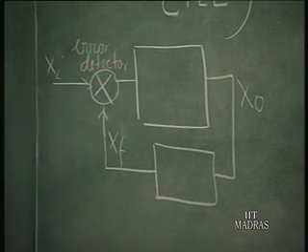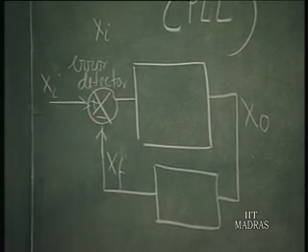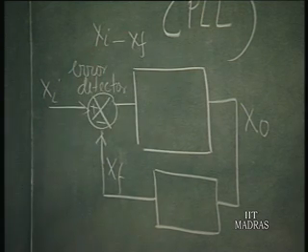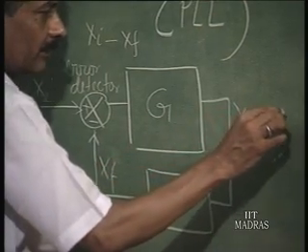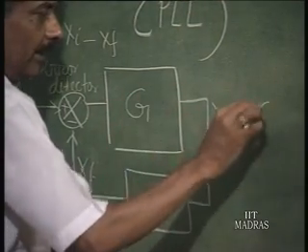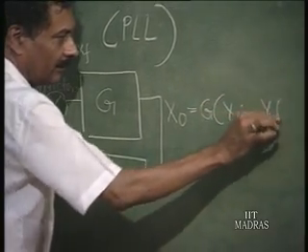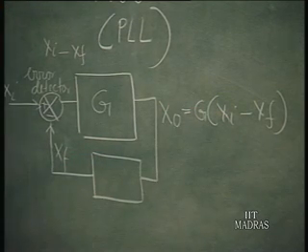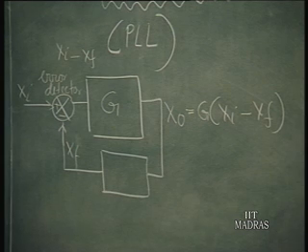This will give you Xi minus Xf as the error, and this is called the error amplifier. Therefore, Xo is going to be equal to the gain G times Xi minus Xf. This is how you have been writing your control loop equations, where X is any variable.